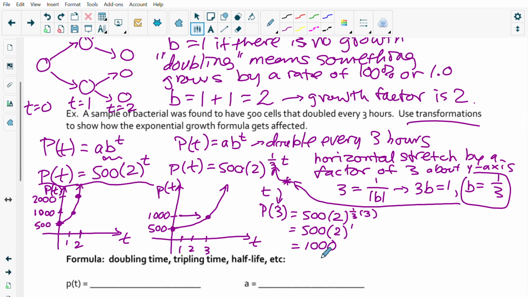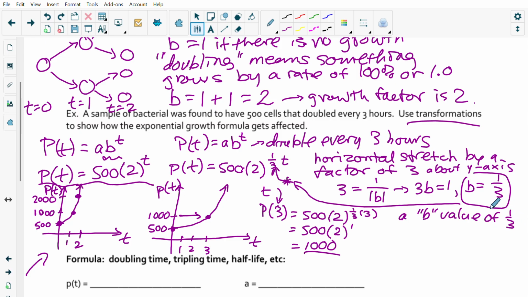So t equals 3 hours, you double it, compared to the original here, which is you double it in just 1 hour. So a b value, this is a transformation value, just so you don't confuse it with the other b value, which is a growth factor.